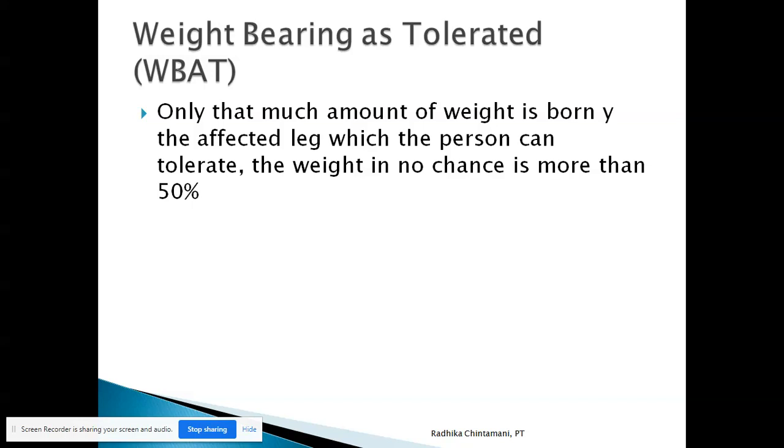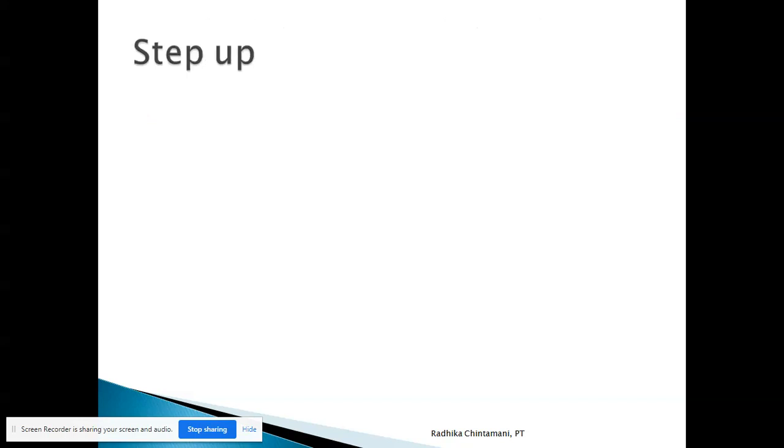If the patient is getting confused or is not confident enough to go into that phase, then you have to tell the patient to gain confidence, weight bear as much as tolerated, but make sure the weight is not more than 50 percent. Hence, the name of this phase is weight bearing as tolerated.